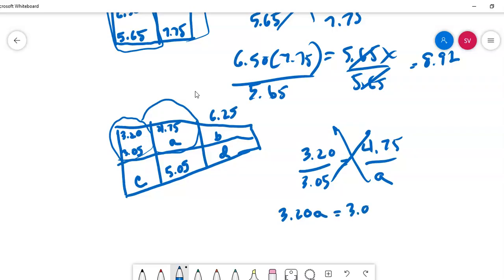It's equal to 3.05 times 4.75. So now we'll multiply this out, and we'll get about 4.53. So A is equal to 4.53.